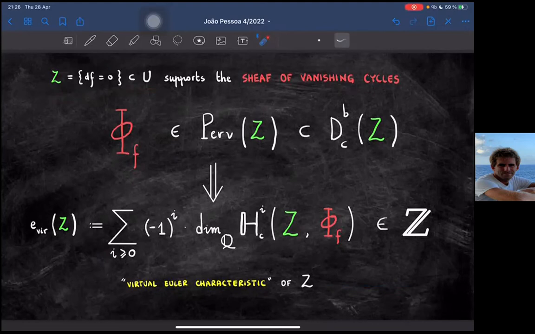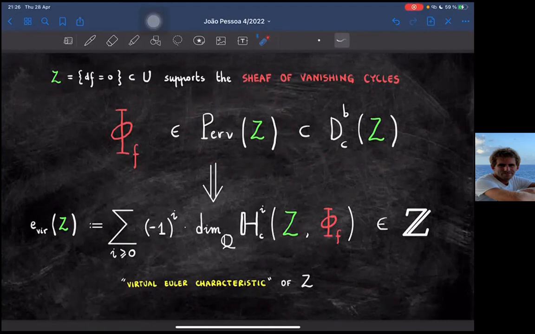This is the sheaf of vanishing cycles. It's a complex of constructible sheaves on the critical locus itself, and it lies in a certain heart, the heart of perverse sheaves. It doesn't really matter. The definition is not important. I'm not giving it.